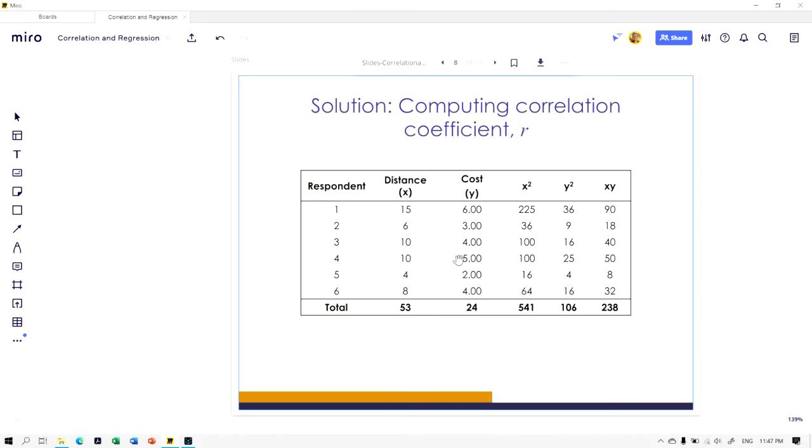The first 3 columns were given to us in the question, and if we sum the column of distance, we will get a total of 53. So this value of 53 is the sum of x. If we total up the third column, we will get the sum of y, which equals 24. The last 3 columns are pre-prepared for us.